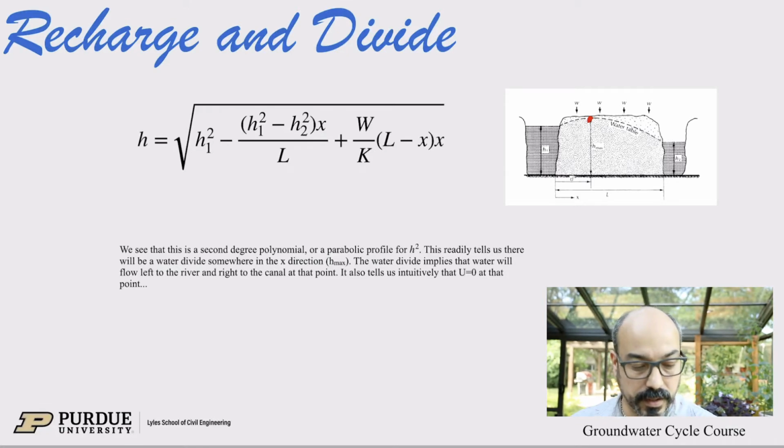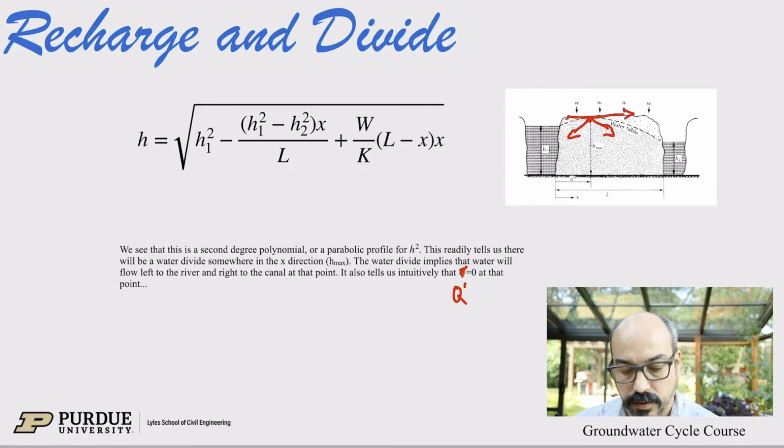So to find the divide, oops, that should say q prime here. The divide is located where q prime equals 0, so h max, like I said before, now we have water flowing left and right.